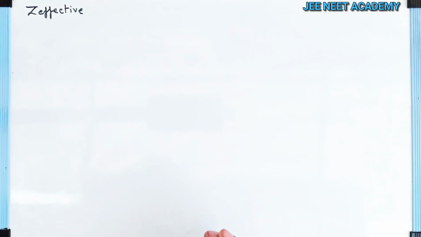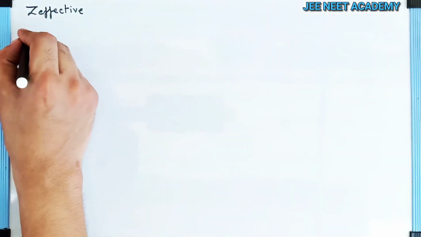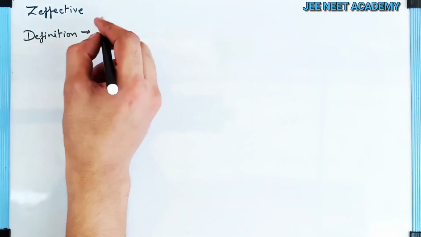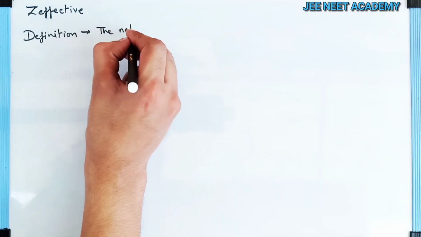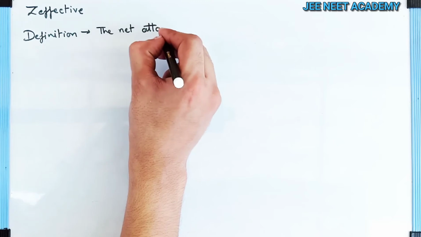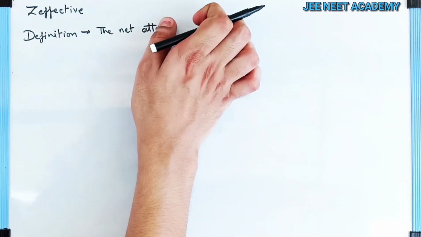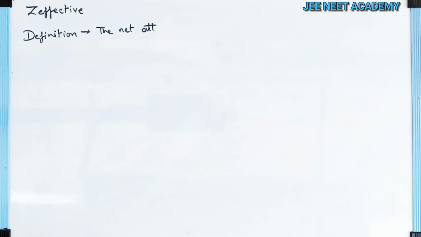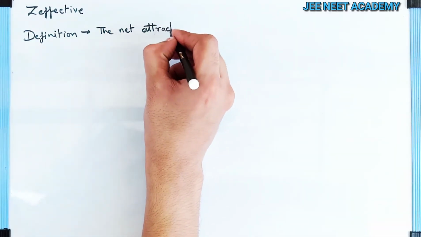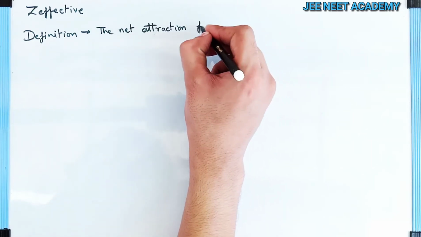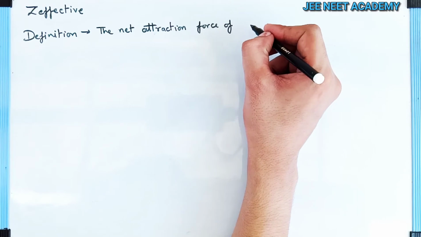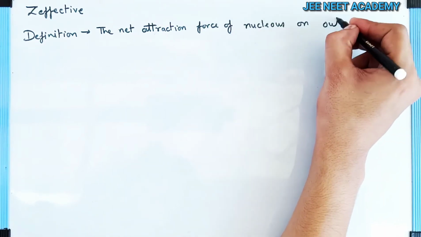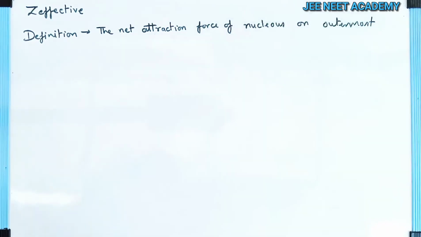Z effective. Definition: the net attraction force of the nucleus on the outermost electrons.